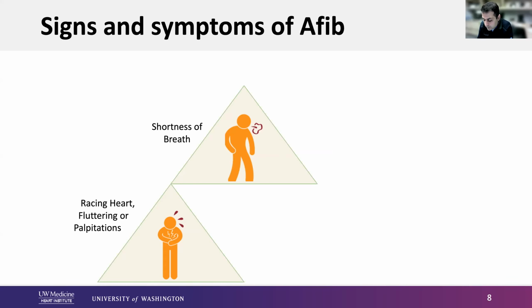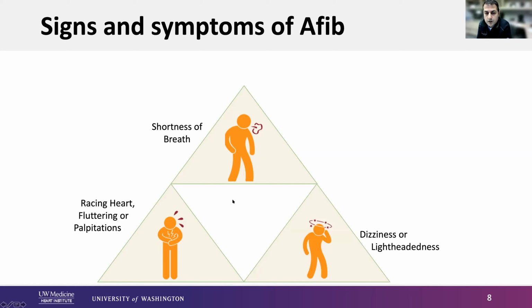And there's a term that you'll often see called palpitations, and the word palpitations is a descriptive term that basically means that you're aware of something off with your heartbeat. So it can be a single skip beat, or it could be any of these racing or fluttering or horses running in your chest. So this awareness of the heart rhythm being irregular or fast or different is called palpitations. And it's a common symptom of atrial fibrillation.